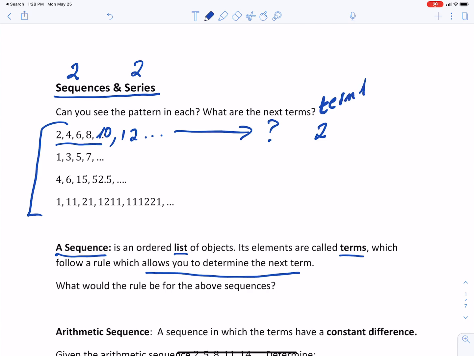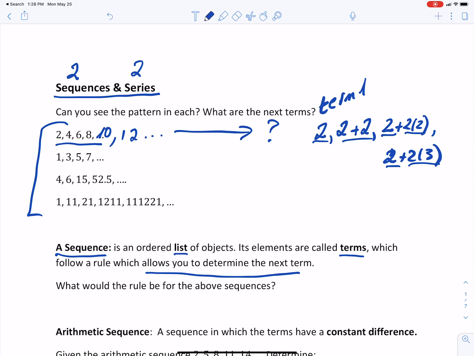And then to get the next one, I take that 2 and I add 2 to it. And then the next one, I take the first term and I add 2 twice. And then the next one after that would be 2, and I add that 2 a third time. So this is 2, 4, 4 plus 2 is 6, 6 plus 2 is 8, and so on.